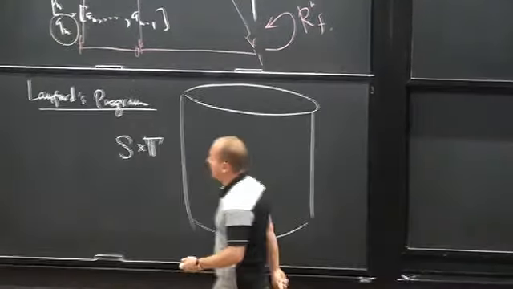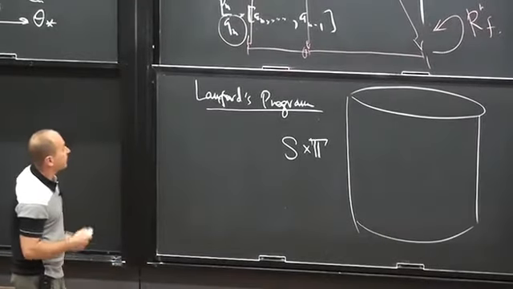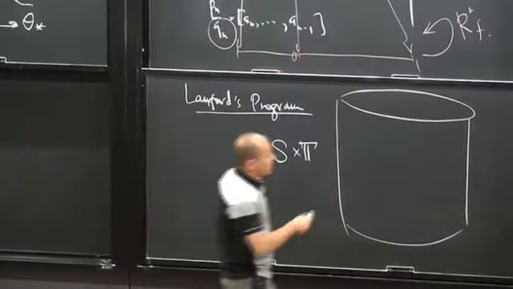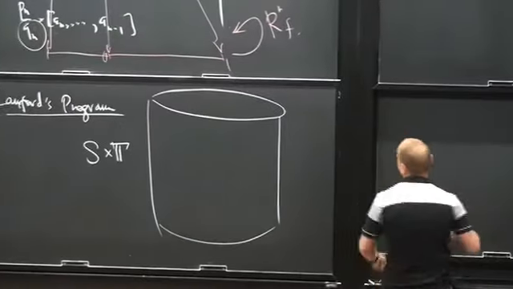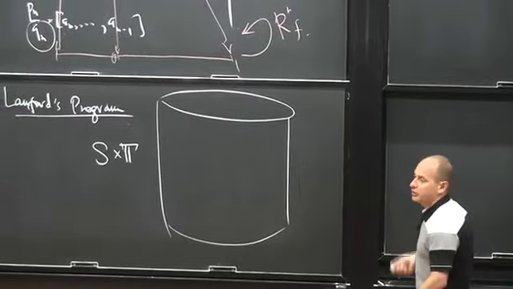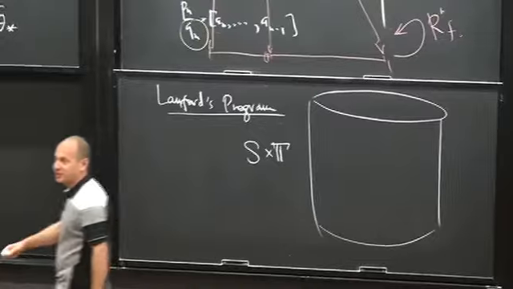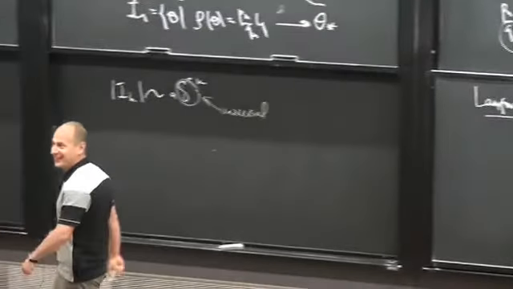Now, in this space, how is renormalization defined? Well, what's S? Who knows? Like I said, it's a caricature. It's just an infinite dimensional space. This picture doesn't really exist.